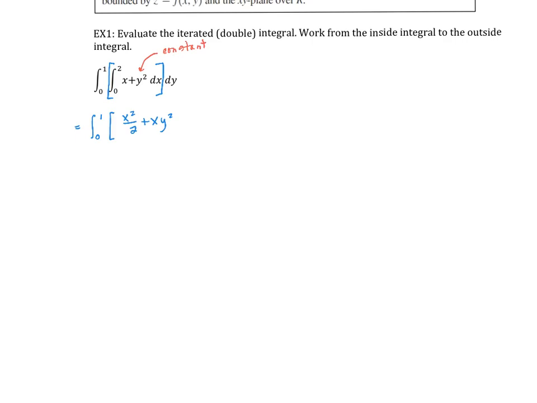And we're evaluating this from 0 to 2. But I still have the dy on the outside. So again, you can always do that inner portion off to the side and then just substitute it into your integral later. But I'll keep it all together as your textbook does.